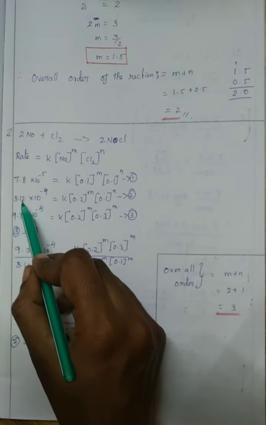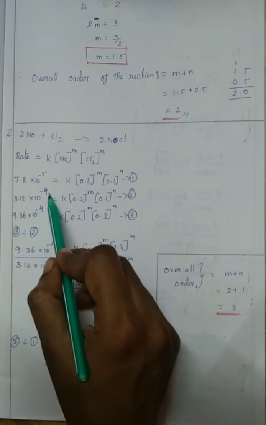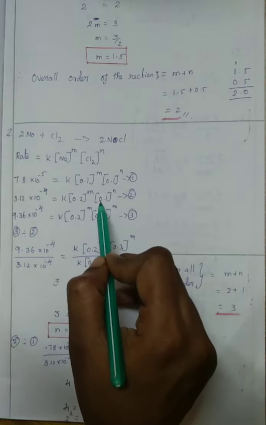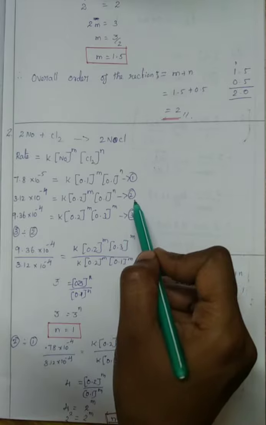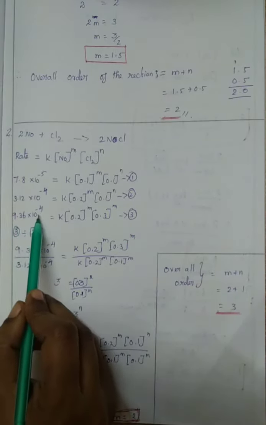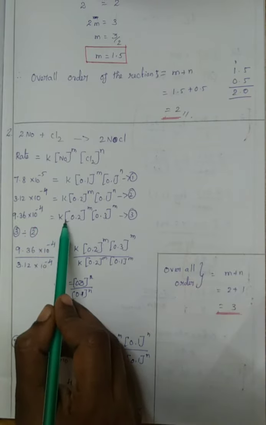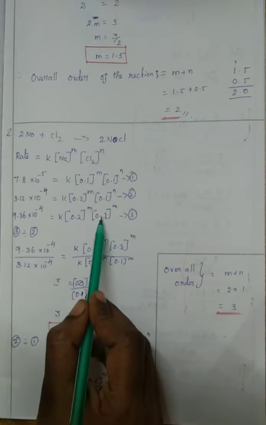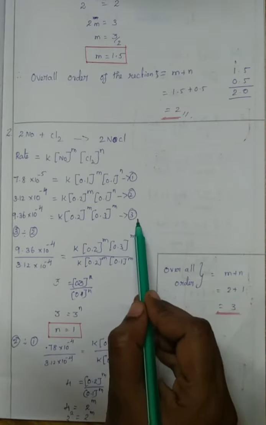Then 3.12 into 10 power minus 4 equals K, 0.2 power M into 0.1 power N. This is the second equation. Then 9.36 into 10 power minus 4 equals K, 0.2 power M, then 0.3 power N. This is the third equation.